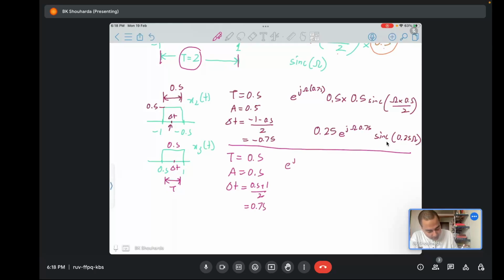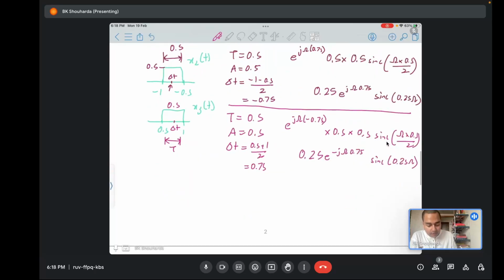So the spectrum turns out to be e to the power minus j omega times 0.75, times 0.5 times 0.5 sinc of omega 0.5 upon 2, which is 0.25 e to the power minus j omega 0.75 sinc 0.25 omega.